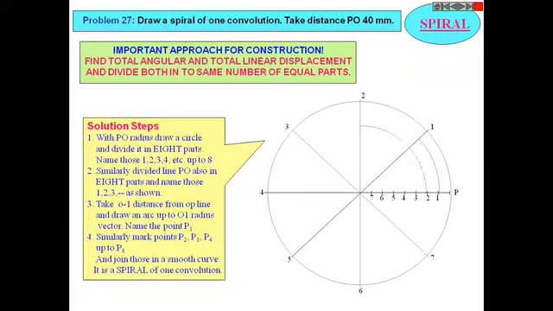Then O to 2 taken in a compass, draw another arc. Then O to 3, another arc. O to 4, one arc. O to 5, another arc. O to 6, another arc. O to 7, another arc. Then we get the different points here and complete the spiral.